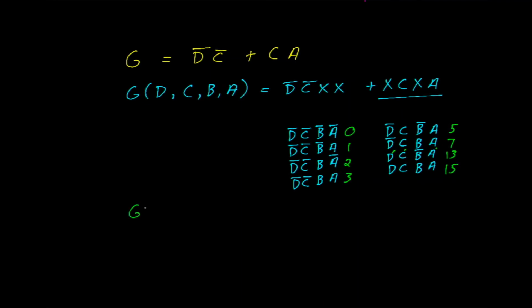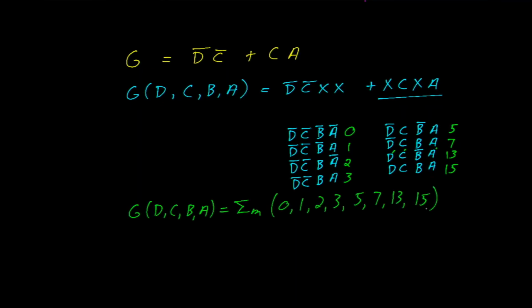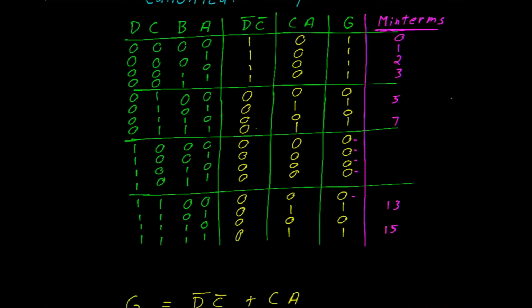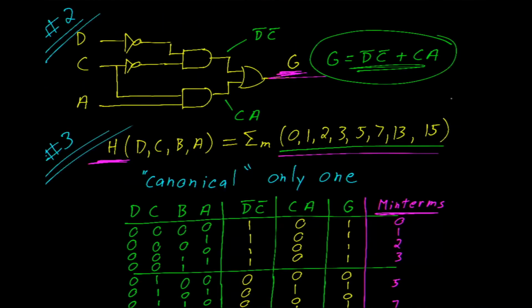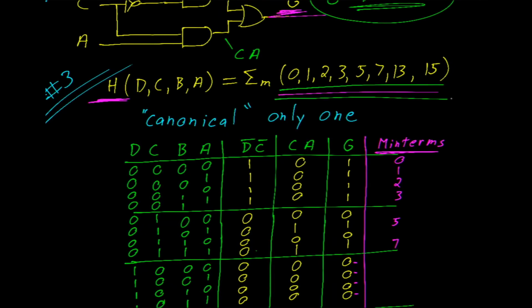Converting that to our compact sum of minterms, we end up with the same thing we had before. Minterms 0 through 3, 5, 7, 13, and 15. Once again, we've shown that circuit G is equivalent to circuit H.